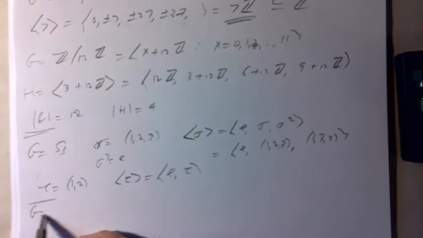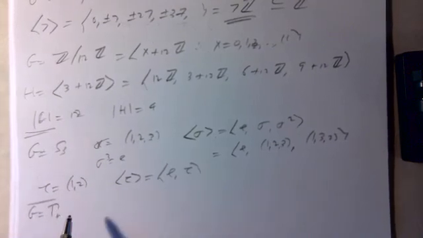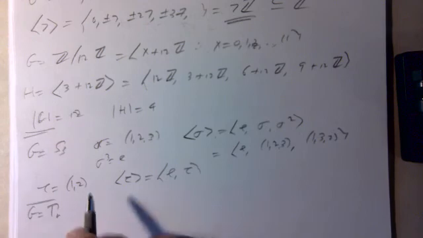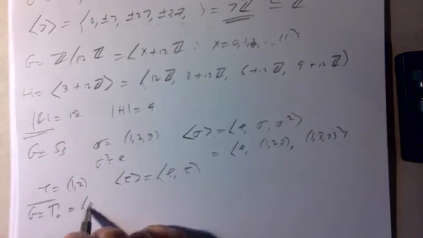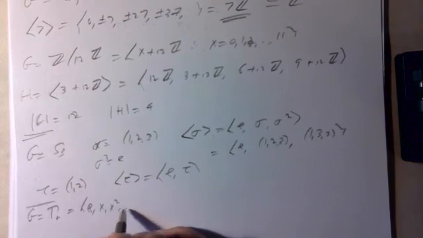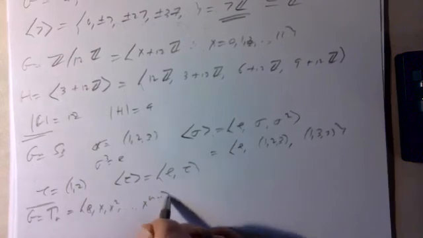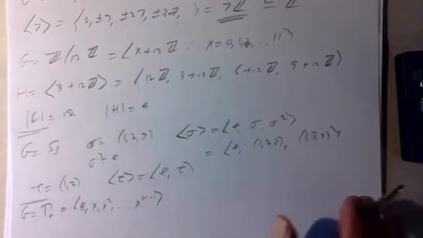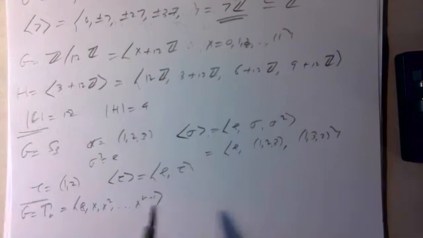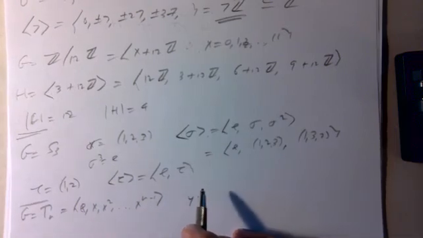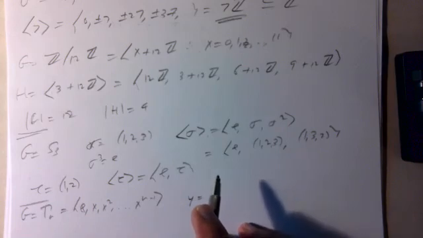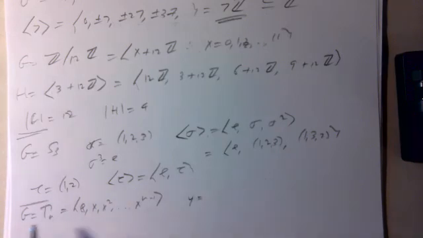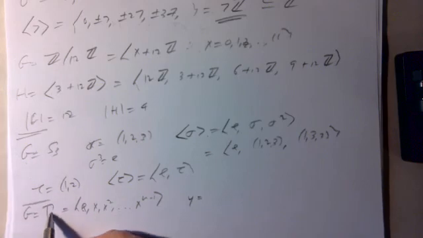If I take G to be the cyclic group of order n, so this is going to be E, x, x squared, to x to the n minus 1. Suppose I take, let's make this concrete, like gamma 12.